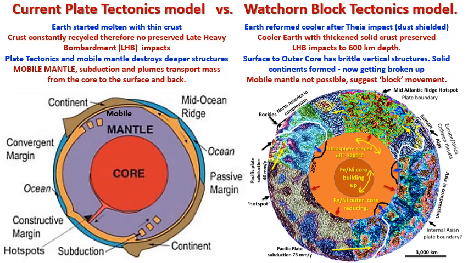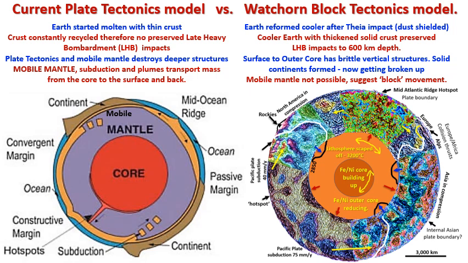It was dust shielded. Plate tectonics: crust constantly recycled, therefore no preserved late heavy bombardment impacts. Block tectonics: cooler Earth with thickened solid crust preserved the late heavy bombardment impacts to 600 kilometres depth.